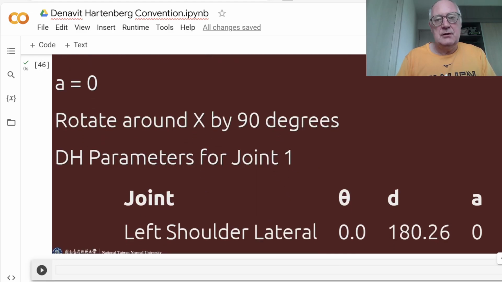So here's the table. So now you can work out from joint 1, which is O1, to joint 2. How do you model that using Denavit Hartenberg convention?